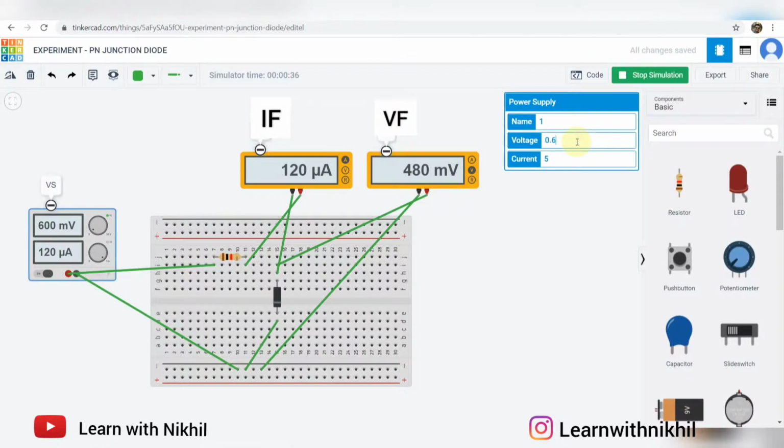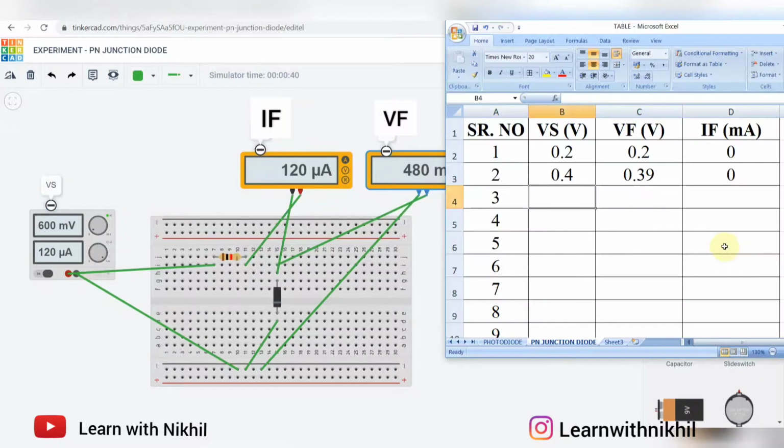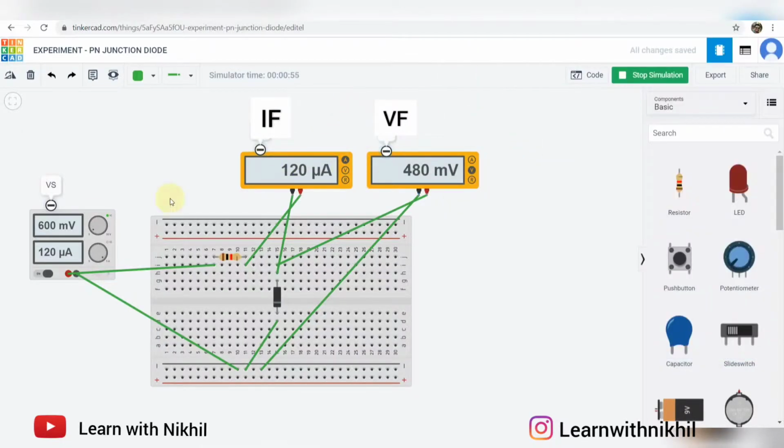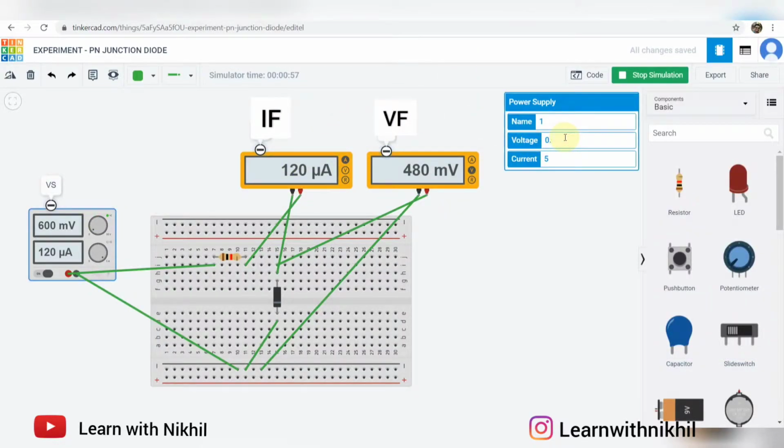Then voltage is 0.6. So VF is 0.48 and your current starts increasing, that is 120 microampere, that is 0.12 milliampere. So after around 0.6 your diode starts conducting.